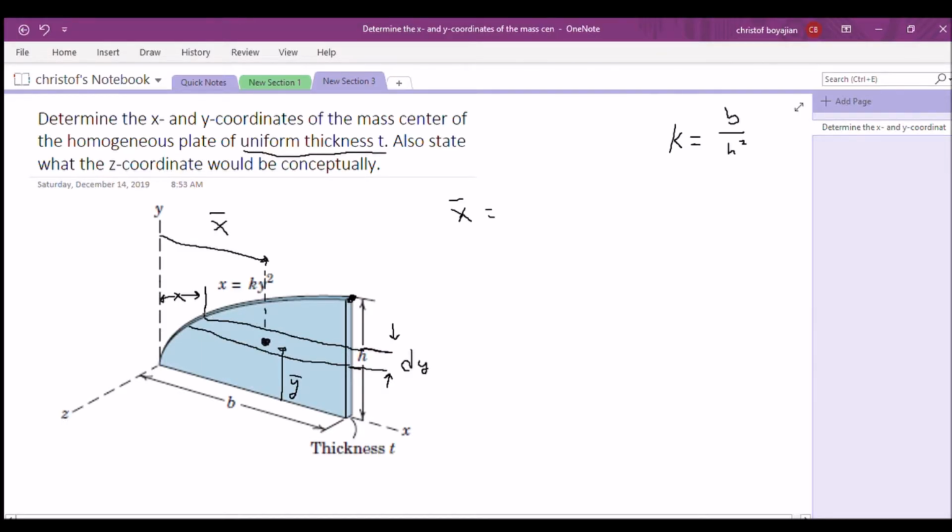Well, we know it's going to be this length halved, this whole length that we have made our cross section divided by 2. So what is this length? Well, we could say it is our length b, all the way over here, minus our x. So we have our length b from all the way over to this axis. This is b minus x, and that should give us this entire distance of this cross section.